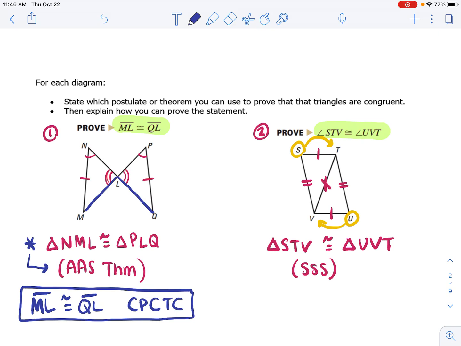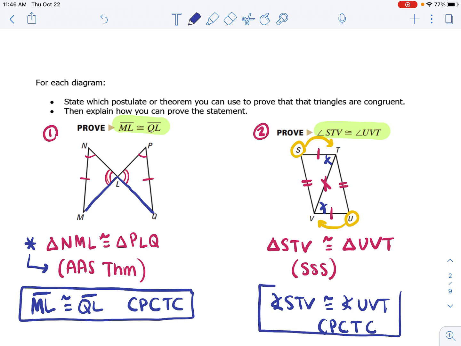And since we know that these triangles are congruent, we can say that angle STV is congruent to angle UVT because these are the corresponding parts of congruent triangles that are congruent. So again, after you prove two triangles congruent, then you can prove that their corresponding parts are also congruent.